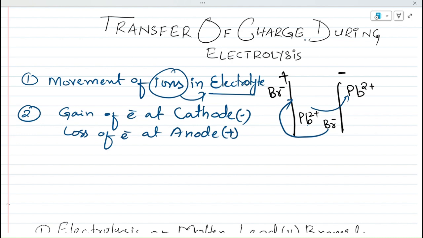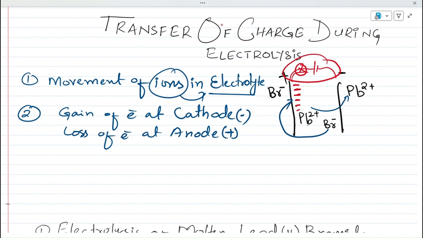So what happens when the electrons are lost at the positive electrode? This electrode is connected with the power supply, so the path is completed. In between that path, if we would like to run any load, it will easily work.